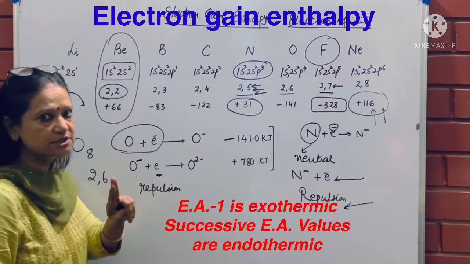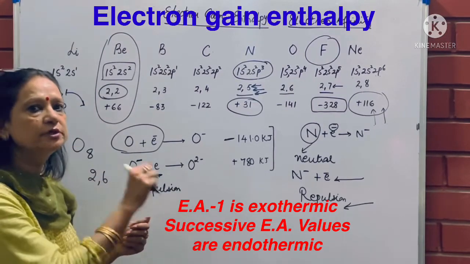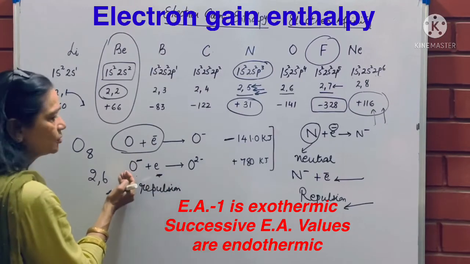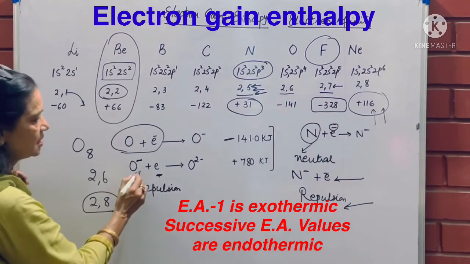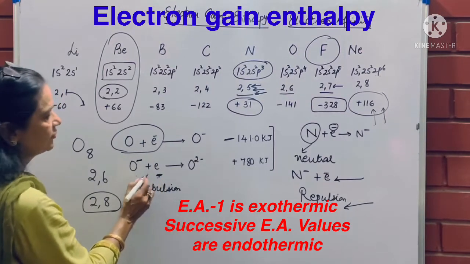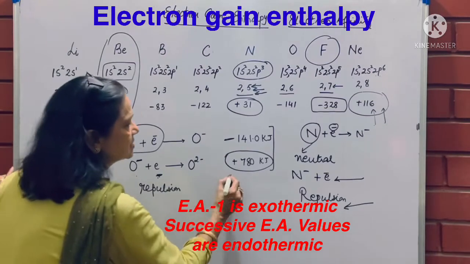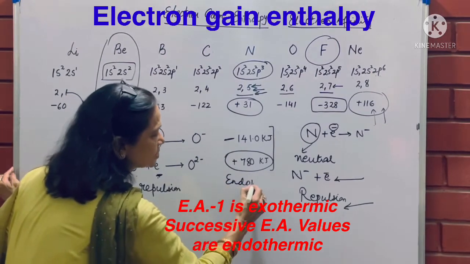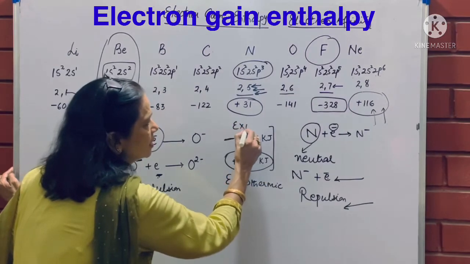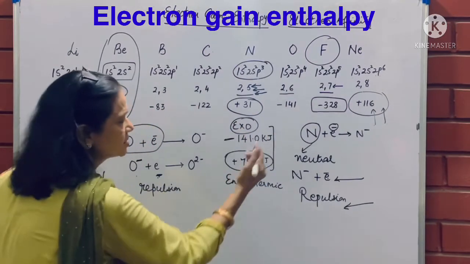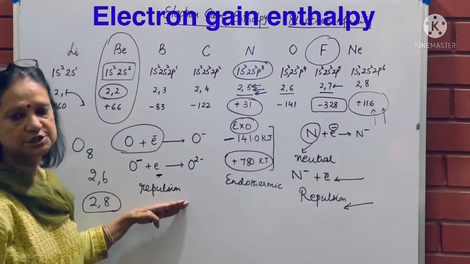Although the atom requires 2 electrons, the second electron has to be given more energy so that it goes in and makes it 2,8. So the second electron affinity value becomes positive, that is, an endothermic reaction, whereas the first one was exothermic. Energy is released first, then energy is given to the atom to complete its shell.